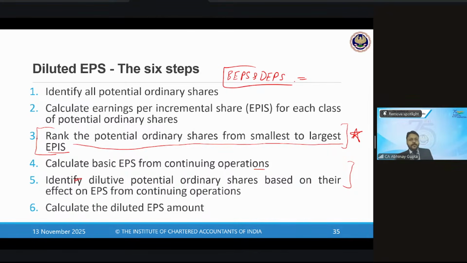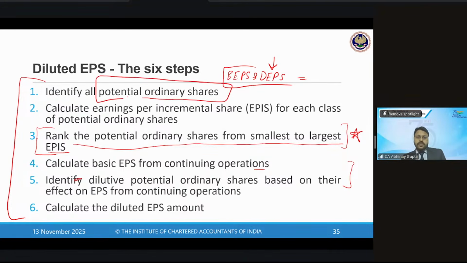Right? Now, for the purpose of calculation of diluted earning per share, we have discussed that we need to follow these steps, right? What are these steps? First of all, we will list down all the potential ordinary shares which the company has, which can be issued in future, right? Then we will calculate incremental earning per share for each class of these potential ordinary shares.